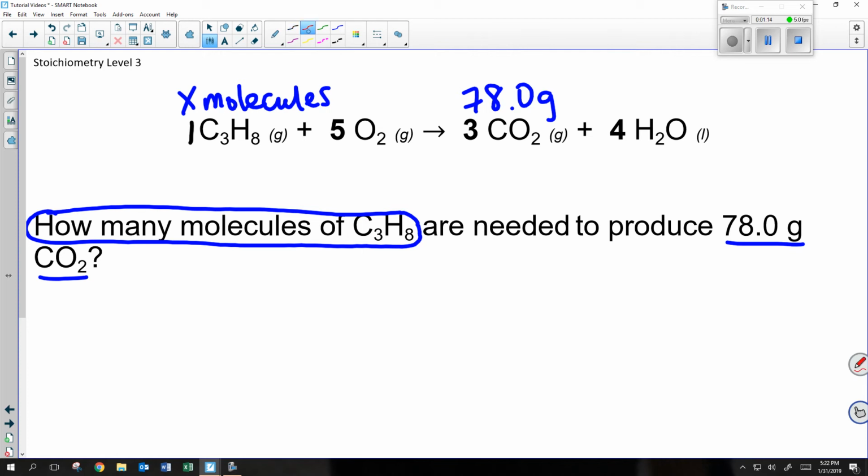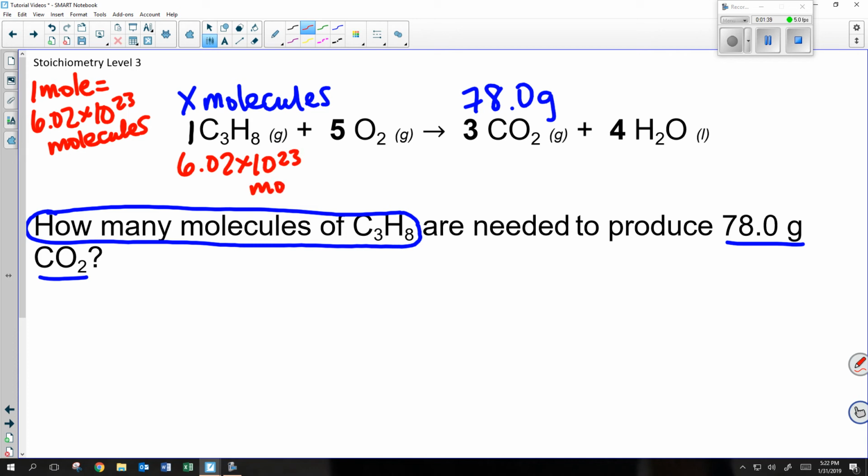We know that 1 mole equals Avogadro's number of molecules, which is 6.02 times 10 to the 23rd molecules. So, in my balanced chemical equation, I only have 1 mole of C3H8. So that is going to equal 6.02 times 10 to the 23rd molecules of C3H8.